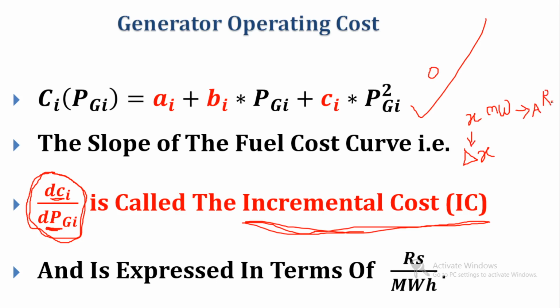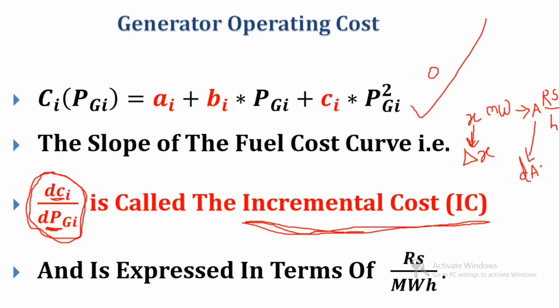If I change my generation from x megawatt to x plus delta x megawatt, then what amount of change do I need in cost?